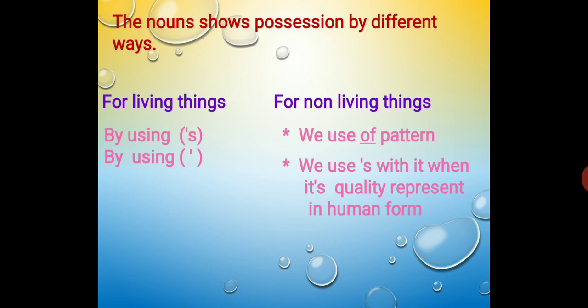So if the writer uses nature as feminine, then it is a living thing. So in this kind of words we use apostrophe s to show their possession, meaning nature's beauty. Right? Okay, let's move on.